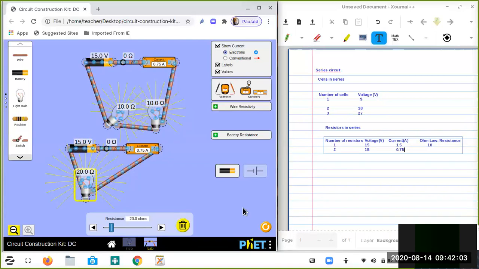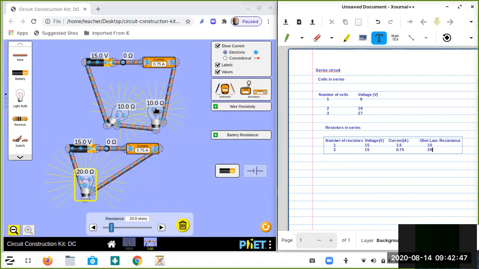So the resistance on this side is now equal to 20. So what is happening to our resistance? Each one is 10 ohms. The resistor that can replace two resistors in series will be 20. So we are saying it's 10 plus 10.